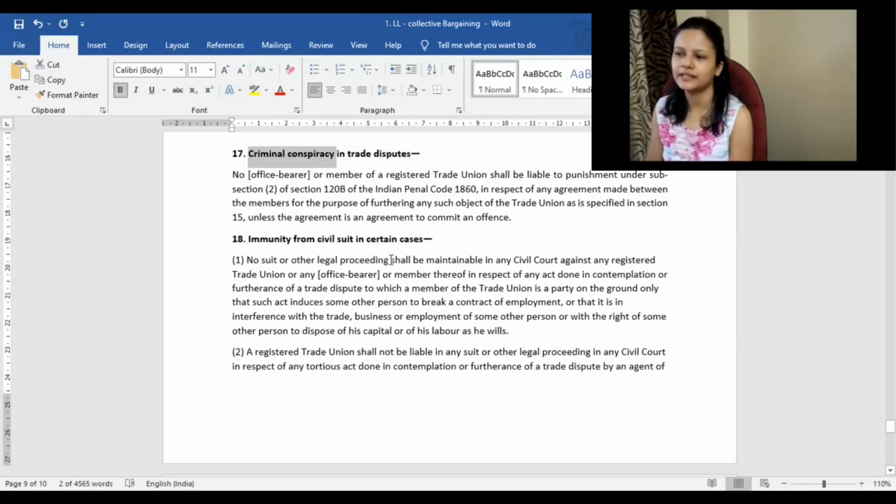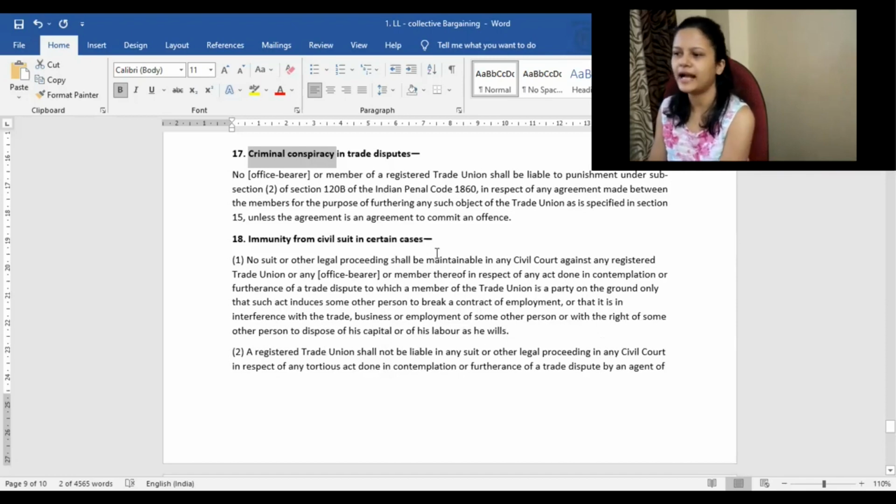No suit or other legal proceeding shall be maintainable in any civil court against the registered trade union or their office bearers or members in respect of any act done in contemplation or furtherance of a trade dispute to which members of the trade union is a party, on the ground only that such act induces some other person to break a contract of employment, or that it is in interference with the trade, business or employment of some other person or with the right of some other person to dispose of his capital or his labor as he wills.